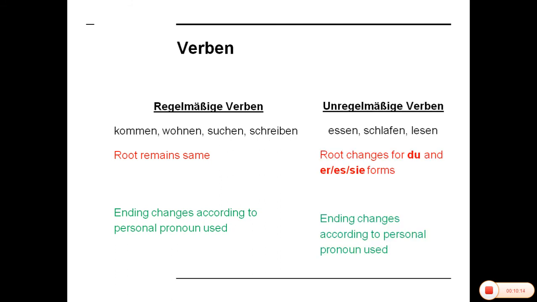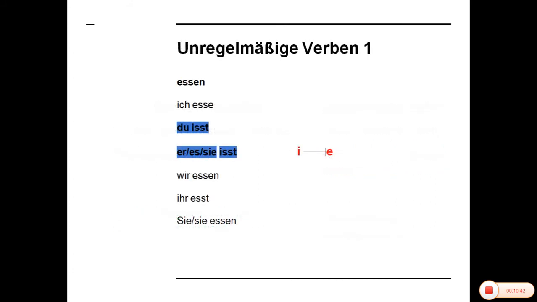Now we are going to see irregular verbs where the root is also going to change, but only for the du and er/sie/es forms, not everywhere. And the ending also changes according to the personal pronoun used, or according to the subject used in the sentence. Okay, let's see some examples.